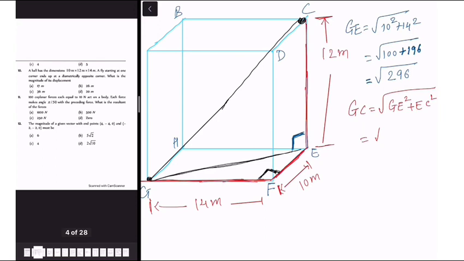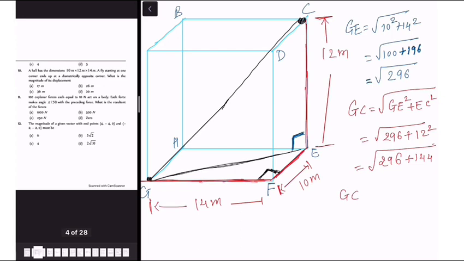GE square is 296 and EC square is 12 square, which is 144.